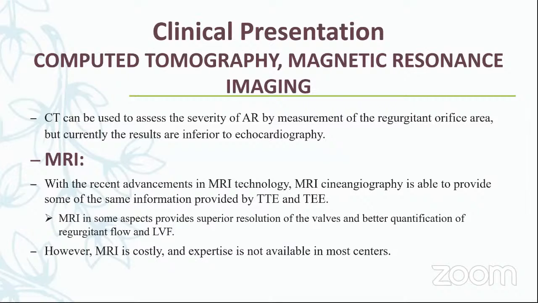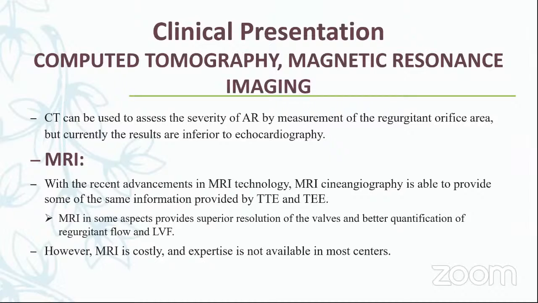The CT and MRI. CT can be used to assess the severity of AR by measurement of the regurgitant orifice area, but currently the results of the CT are inferior to the echo. MRI cine angiography is able to provide some of the same information provided by the transthoracic or the transesophageal echo.